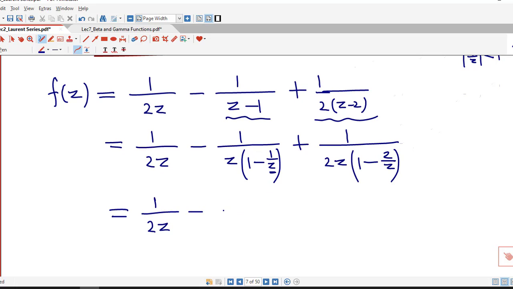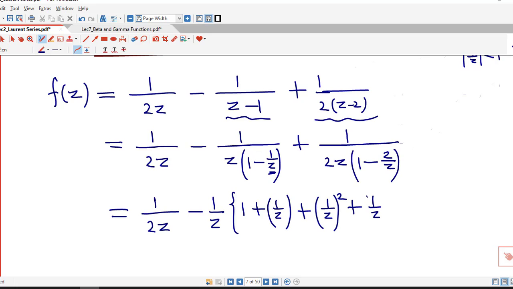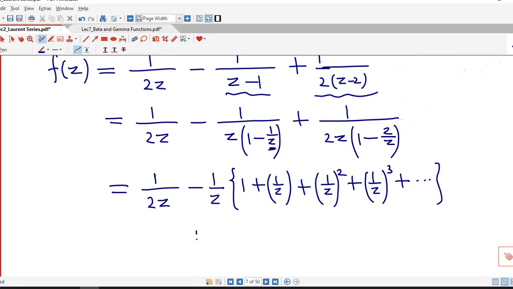We replace z by 1 by z. So we will have 1 plus 1 by z plus (1 by z) whole square plus (1 by z) whole cube and so on. And here in this second part we have to replace z by 2 by z.